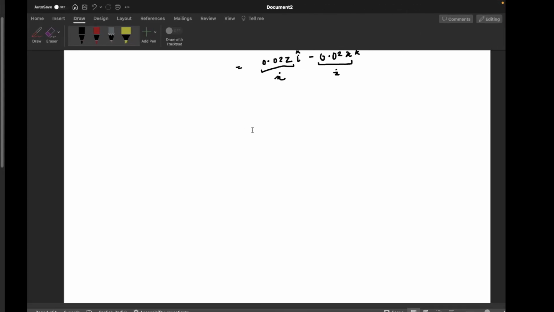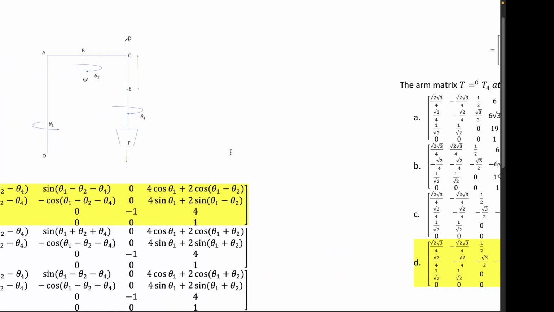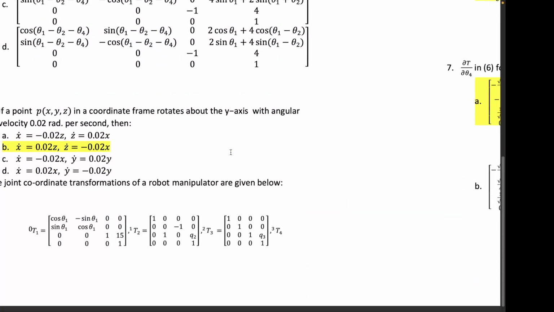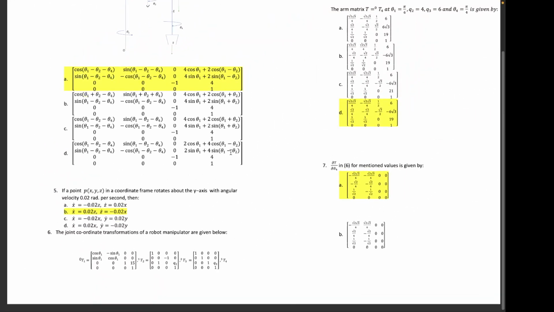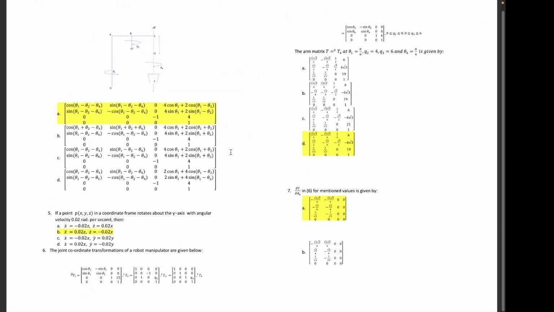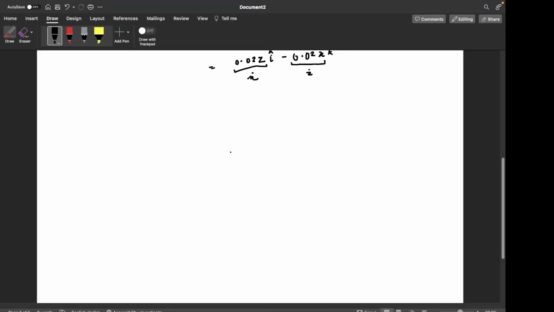So this is question 6. We have to find transformation from 0 to 4.